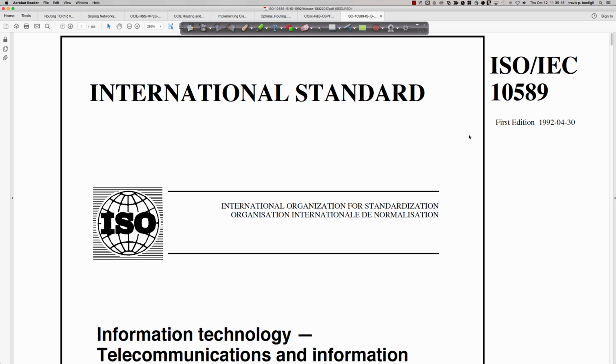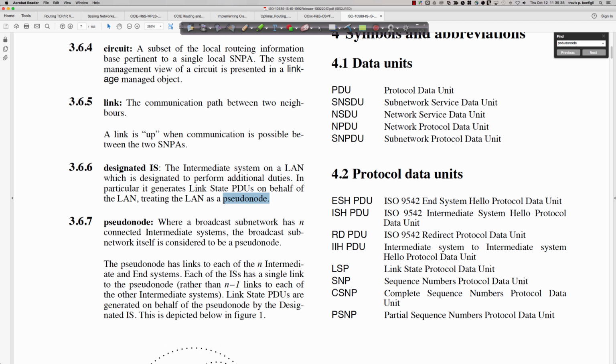Well, with ISO, they have the international standards, but it's 10589, one of the original standards for IS-IS. And so when I do a Control F and go to find pseudonode here, right? Take a look. The designated IS, the designated intermediate system, which translates in OSPF speak to designated router.